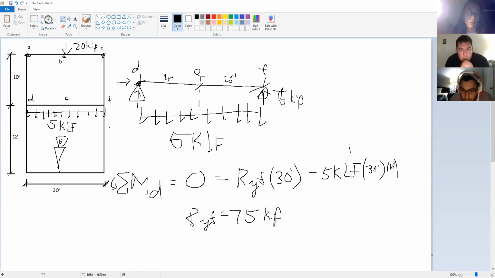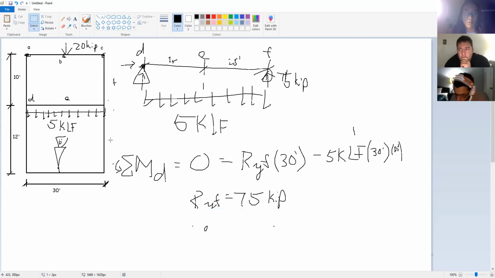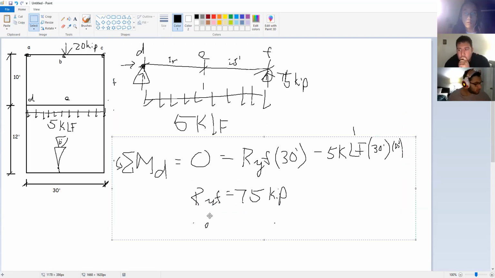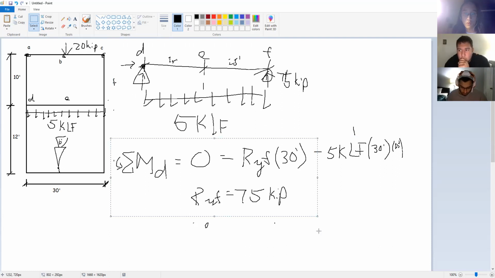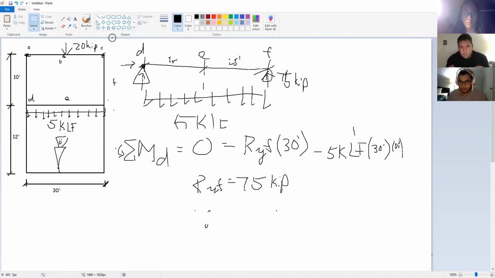Cool. Now we're going to do the exact same thing because we want to know the bending moment at E. So we're just going to find the bending moment at E. Just going to move this up. 5 KLF.